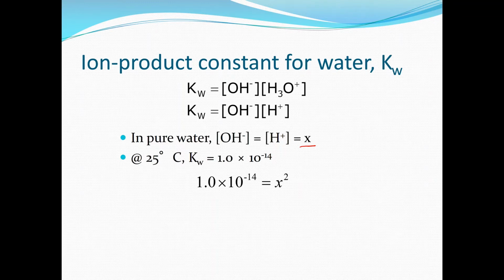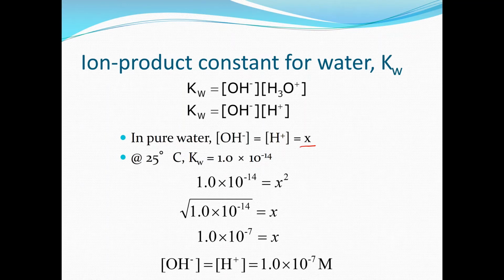And so if we want to know what that concentration is, it's really just a matter of taking a square root. Obviously, we're going to need the positive root here because we're using it as a concentration. And so what we know then is that X is equal to 1.0 times 10 to the negative 7th in pure water.